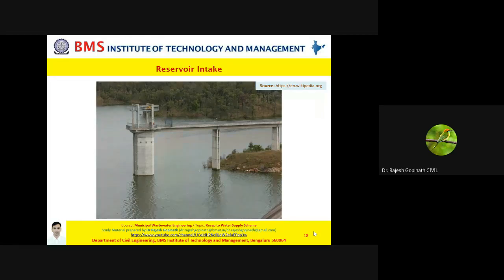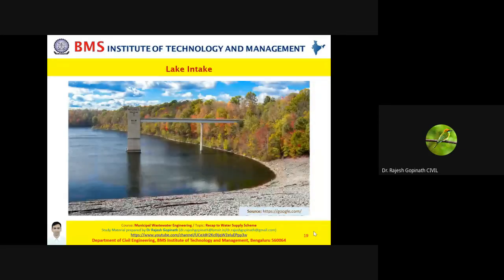Okay, so you have upstream and downstream, so you're looking at a structure which is upstream. Lake intake, that is when the source of water is a lake. That is when the source of drinking water for a municipality, the source of drinking water to be treated, is a lake. And similar logic applies so forth.